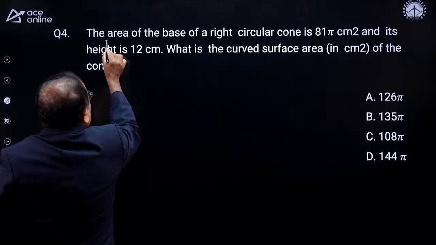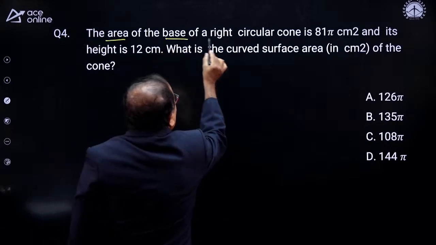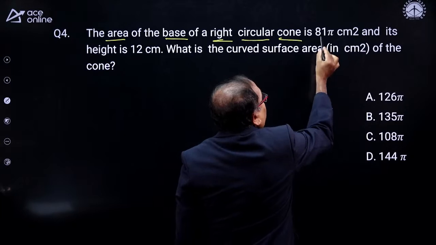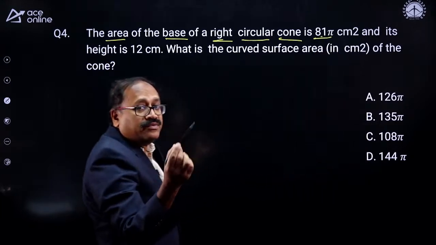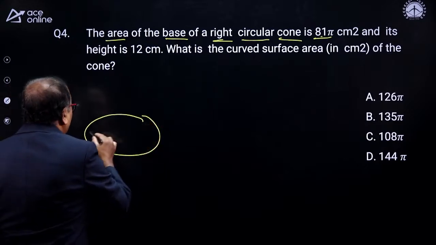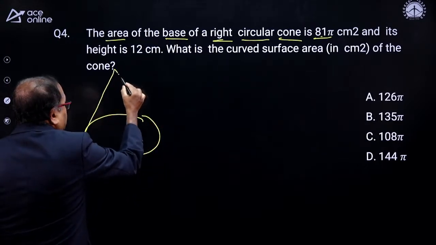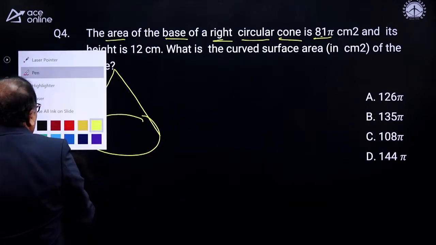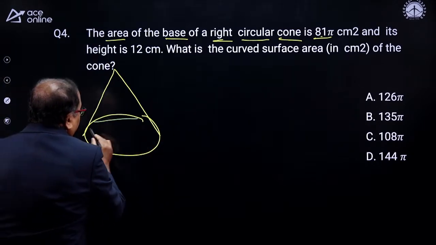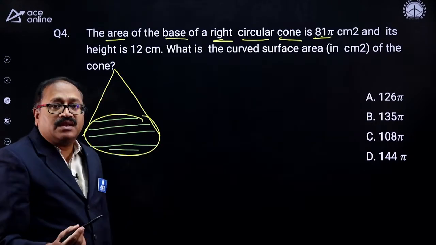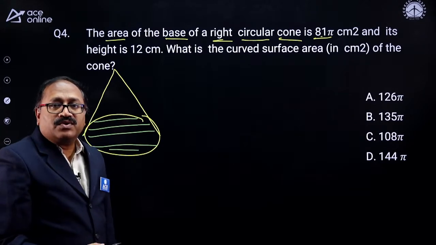The area of the base of a right circular cone is 81 pi. It is given in pi. So let's take this cone, a right circular cone, and the area of this base is given to us. And what is this area? The area of a circle is pi r square.